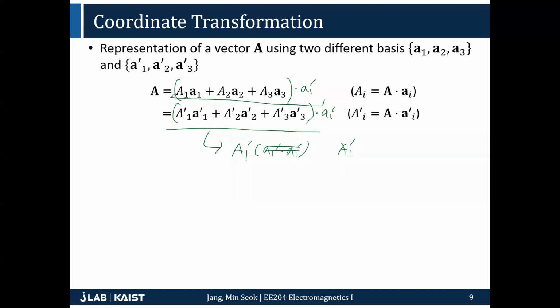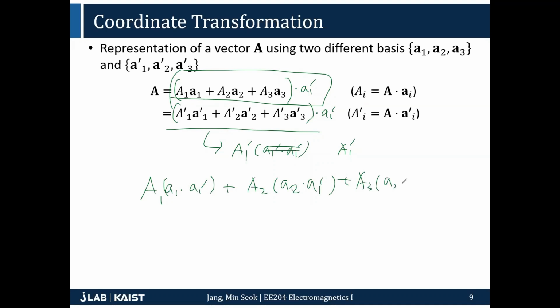And then this upper one is A1 dot A1 prime, A2 dot A1 prime, A3 dot A1 prime. And this is A1 prime. So we got the closed form of the A1 prime with known quantities, right?